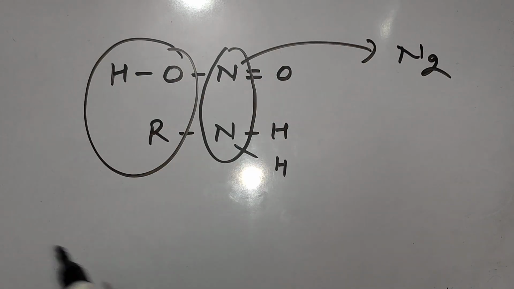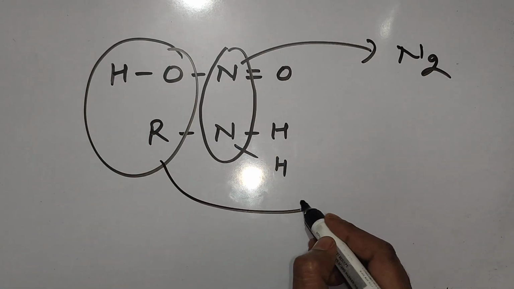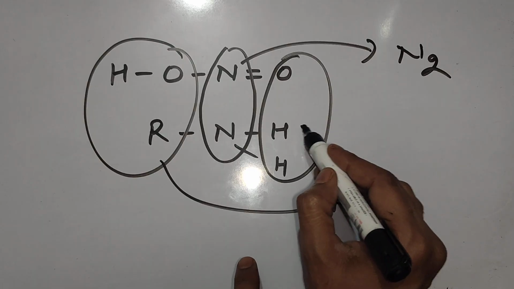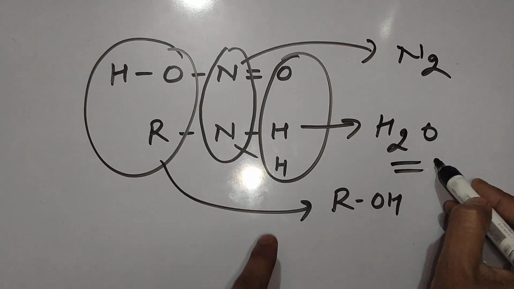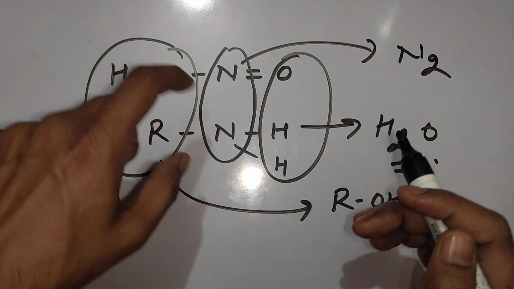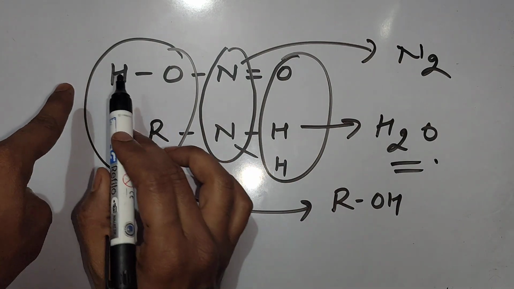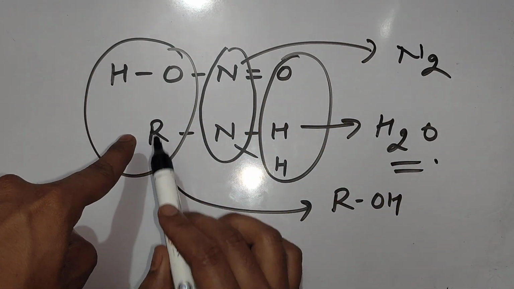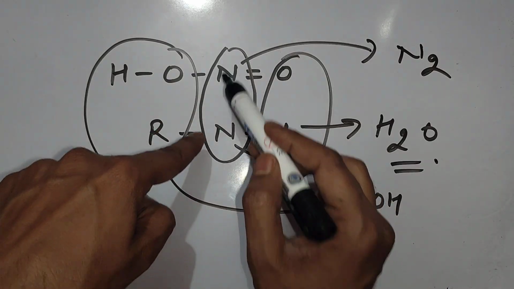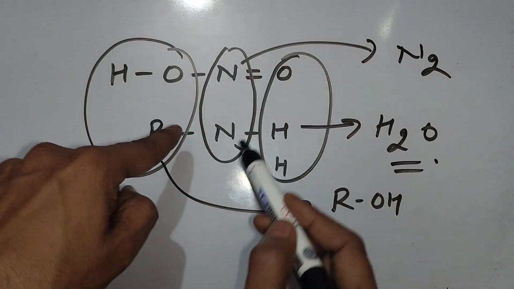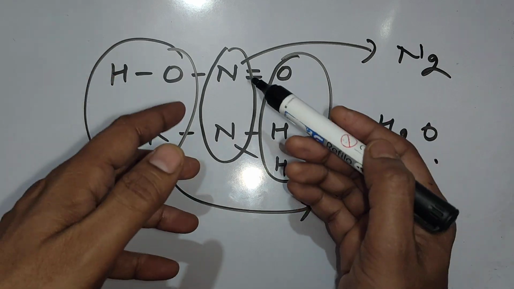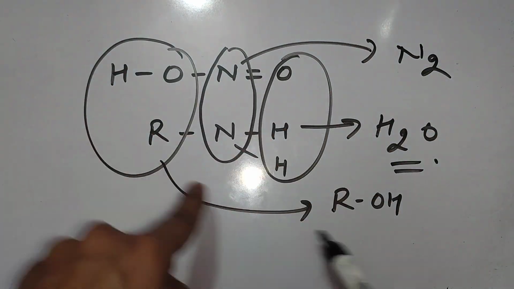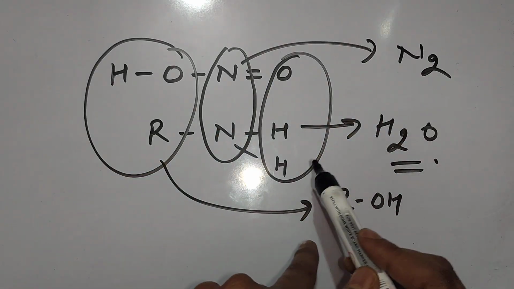OH will come on R, so ROH. And one more side product, H2O. In this fashion, you can learn the reaction. Just bring N on N. Write nitrous acid first like this, HONO. Amine, 1 degree amine, RNH2. So N on N will come. So you can learn it easily. It's just a trick. So N and N, N2, ROH, alcohol, H2O, water molecule. That's it.